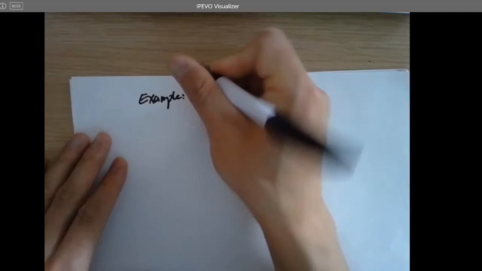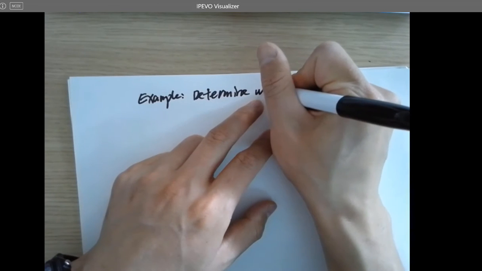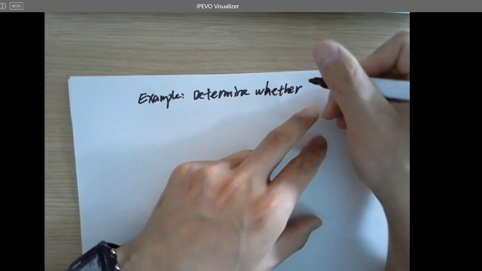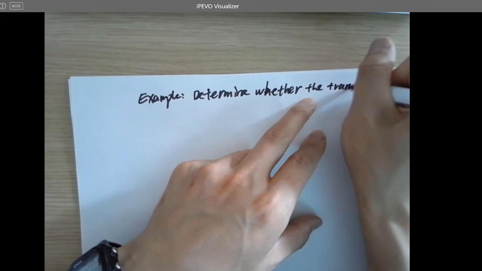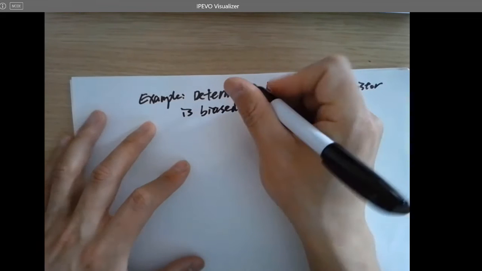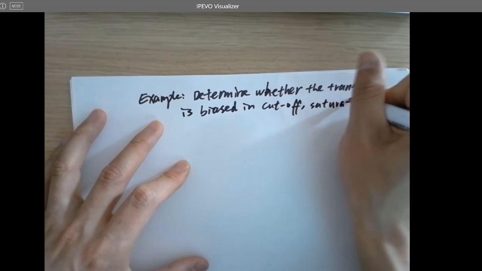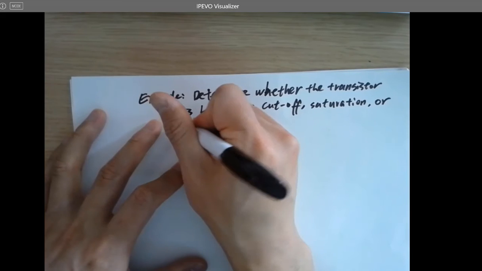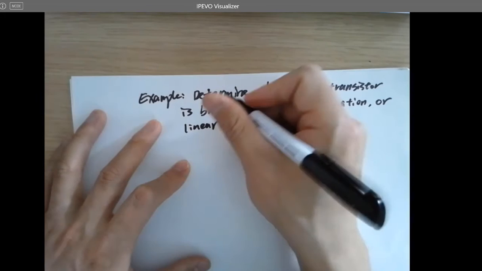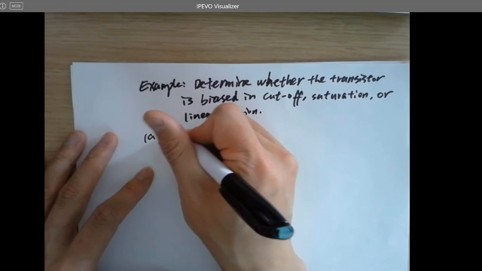You may see some problems like this. Determine whether the transistor is biased in cutoff, saturation, or linear region. So I'm going to give you several values for the R's, combinations of the R's.